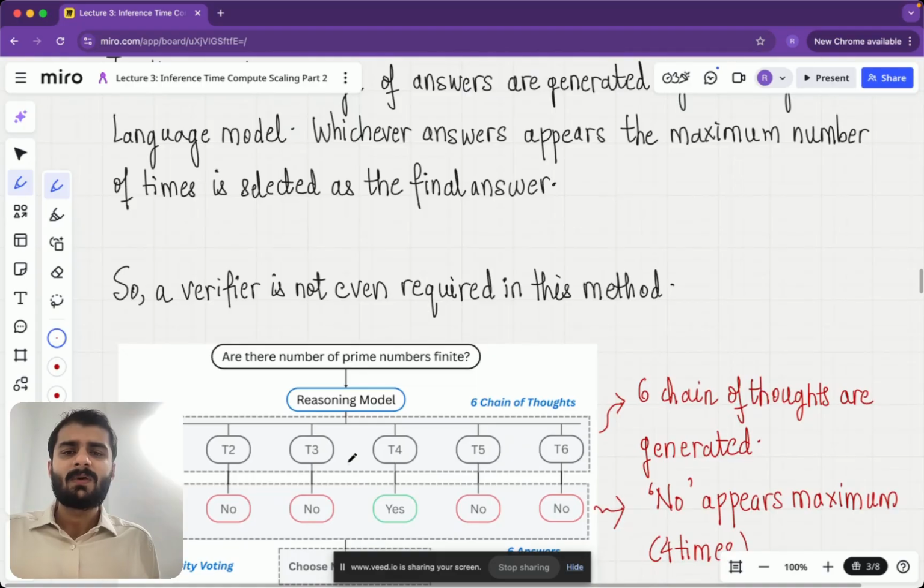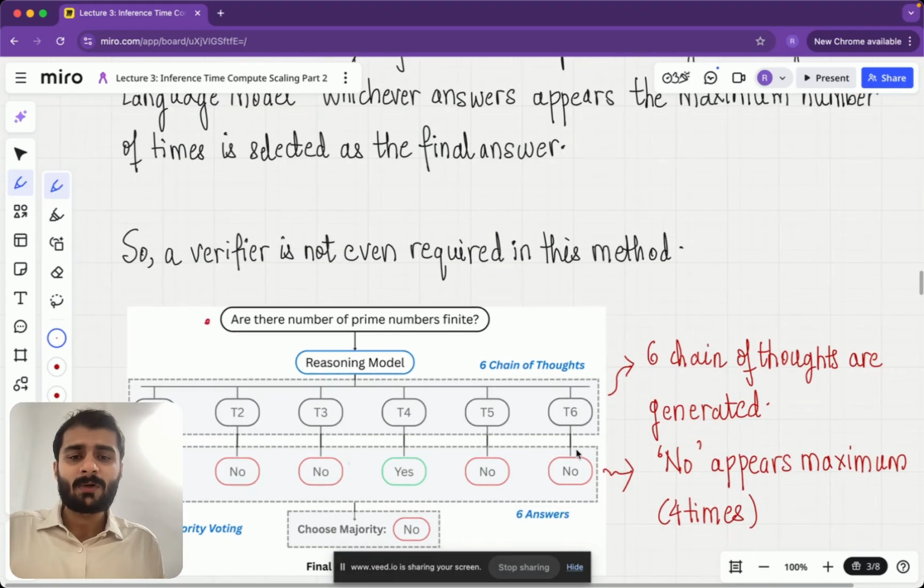So something similar to this. Let's say you ask the question, are the number of prime numbers finite? And then you give it to the reasoning model, and the reasoning model generates six chains of thoughts which you are not concerned about at all. You just look at the final answer. Okay, so you can see that there are two yeses, but there are four no's. So what's the majority?